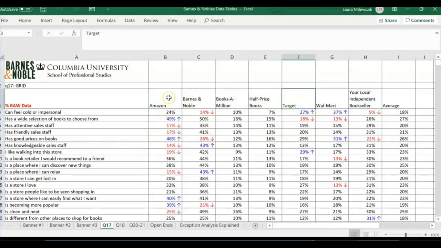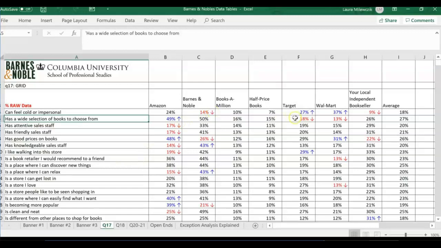Again, if you're going to read these tabs, you would be able to look at the results among Barnes & Noble and say, 14% of consumers felt Barnes & Noble was cold and impersonal, whereas 50% of those evaluating Barnes & Noble felt Barnes & Noble had a wide selection of books to choose from.